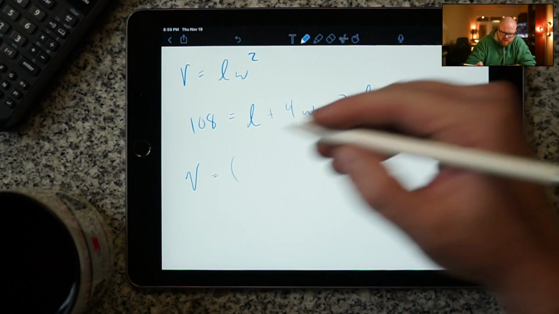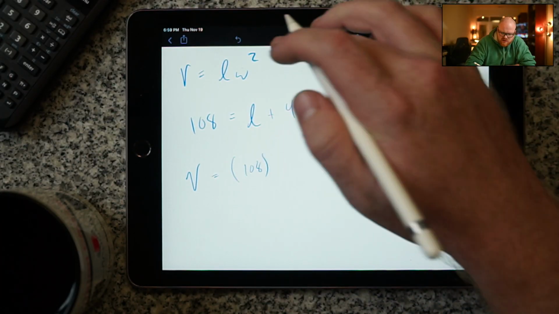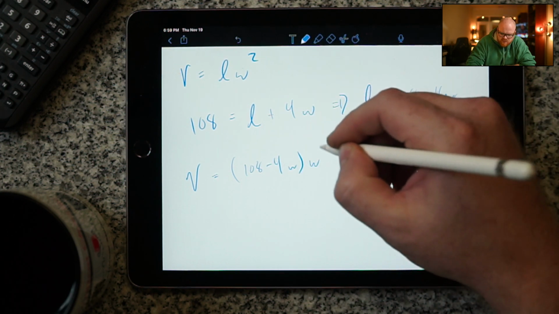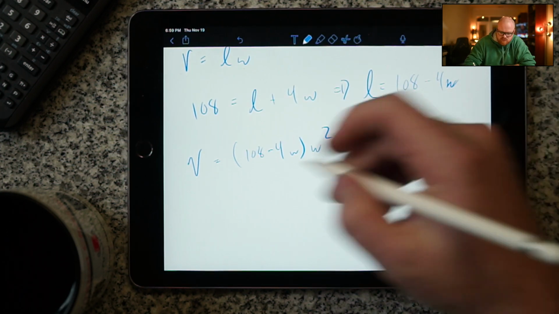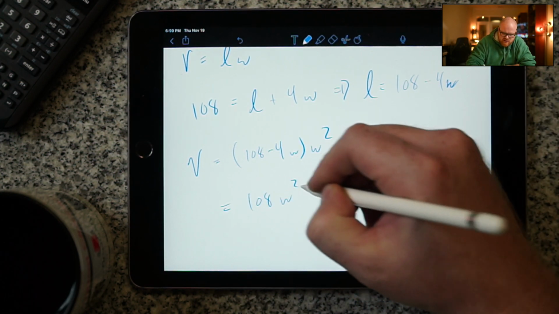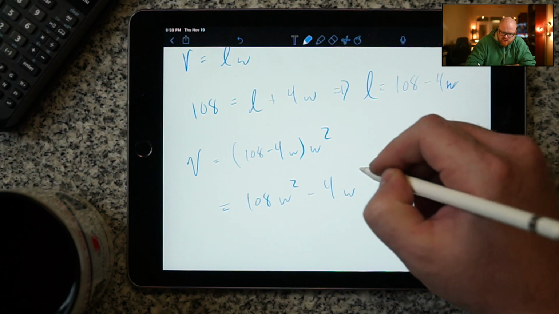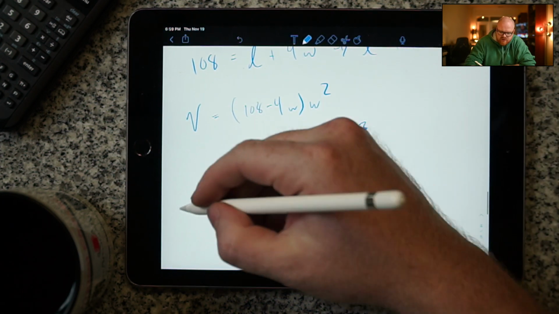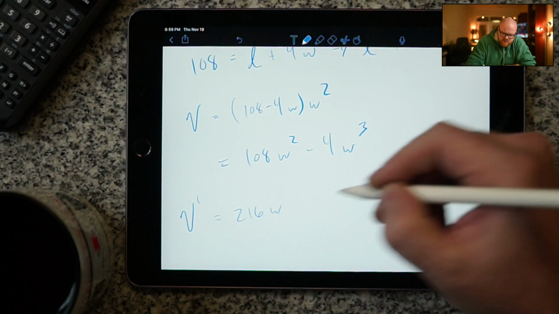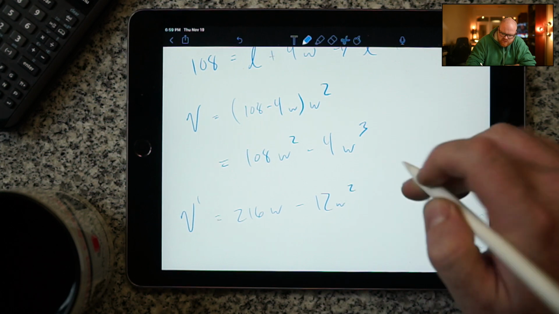So then we can rewrite our volume equation as 108 minus 4 width times width squared. And then we can distribute that out to get 108 W squared minus 4 W cubed. Take a derivative. So that'd be 216 W minus 12 W squared.